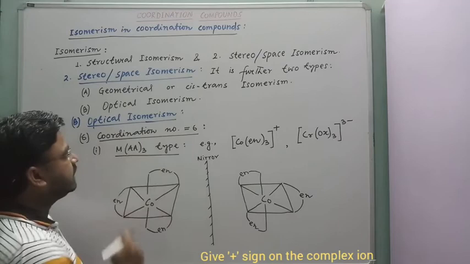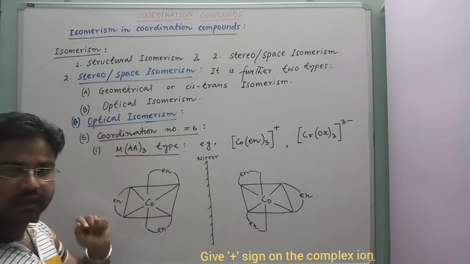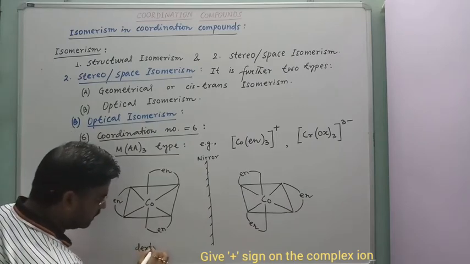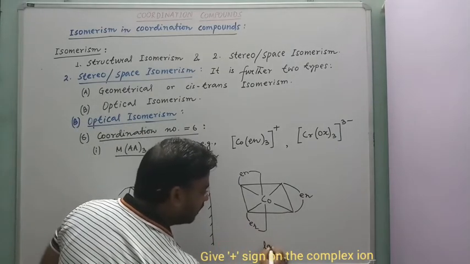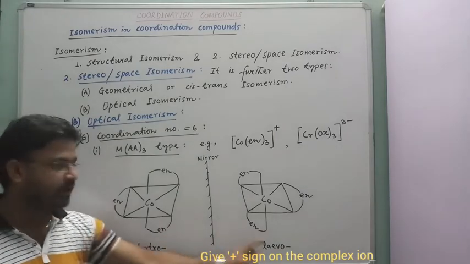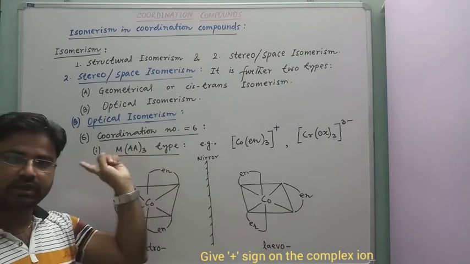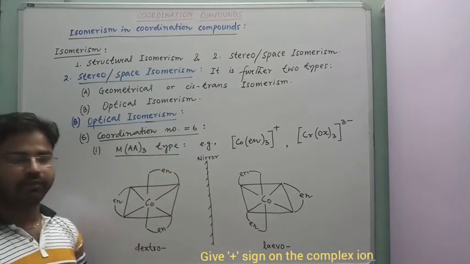So for optical isomers, it is written dextro or D, and levo or L only. D and L, dextro and levo. For geometrical isomers, it was written cis and trans, and for optical isomers, dextro and levo.